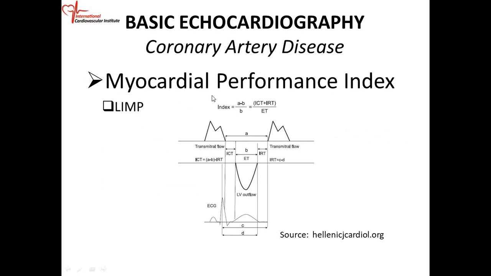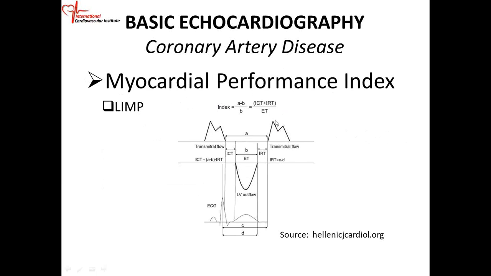So if you put your sample volume across the tip of the mitral leaflet, you'll get your mitral valve opening. Remember, the mitral valve opens in diastole. Okay? When the mitral valve closes, before the aortic valve opens, you have your isovolumic contraction time, and then the aortic valve opens, and then you have ejection across the aortic valve, then the aortic valve closes.